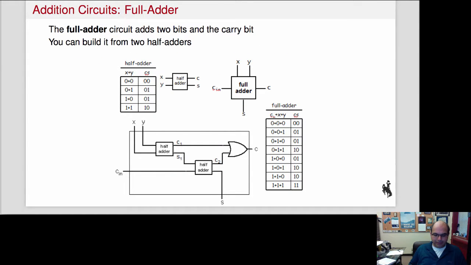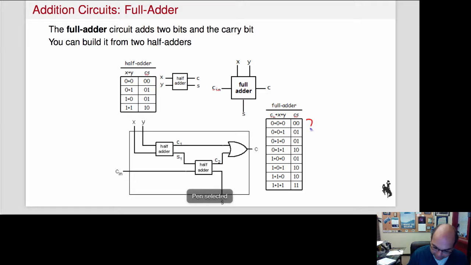So here's our idea. The full adder takes 2 bits and a carry bit, and produces 1 sum and the carry bit. And the way that we build it is by using a couple of half adders. Because here's what we want. If I'm adding 0 and 0, and I have a carry bit of 0, then I just get basically what a half adder returns.